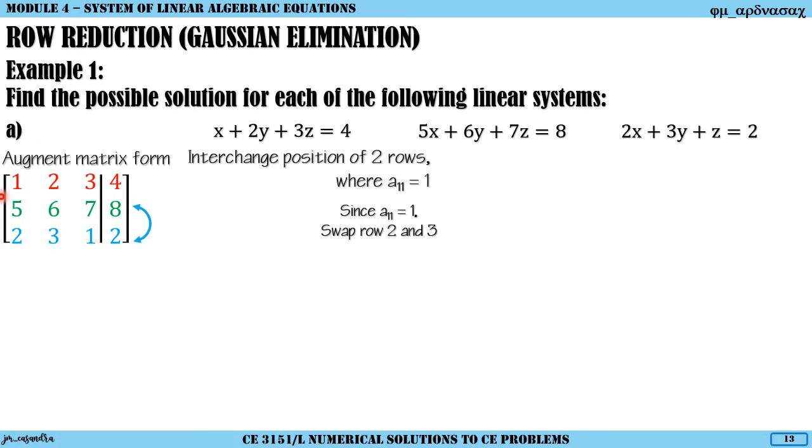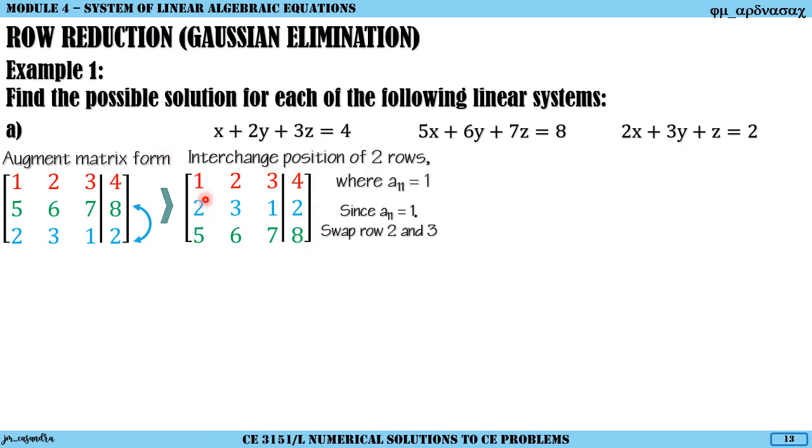But if A11 is not equal to 1, then we'll have to find another row that would be the simplest value to convert to 1. So in that case, our new matrix now will be 1, 2, 3, 4, and then rows 2 and 3 are interchanged.